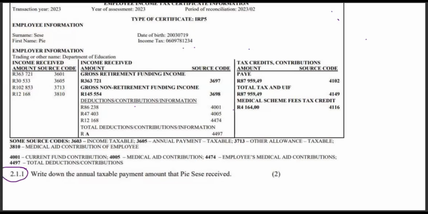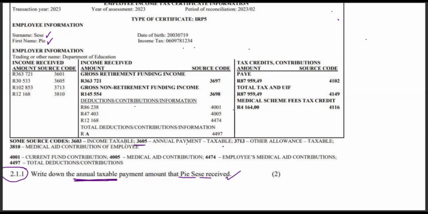Write down the annual taxable payment amount that PISA received. Now, PISA is this other person here, and these are the details. So we are looking for the annual taxable payment, so income taxable, then annual payment taxable.